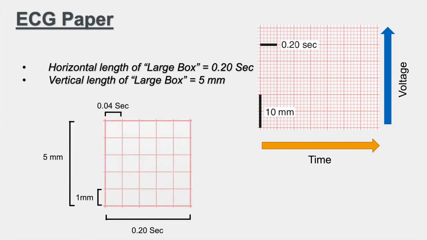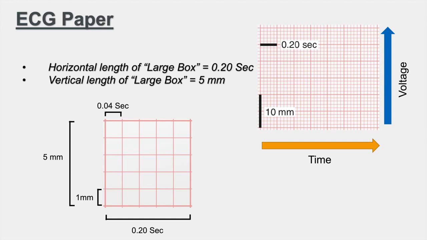So if we were to take an even closer look at each of these small boxes at a horizontal axis or the horizontal area, each of these small boxes denotes 0.04 seconds of time. So 5 of these would again add up to 0.2 seconds.